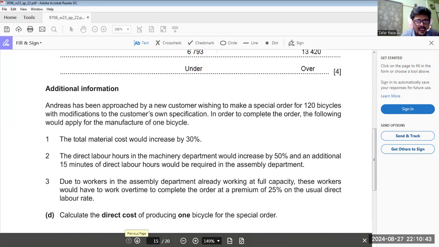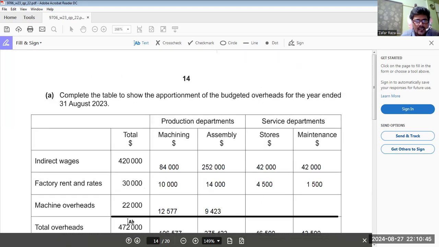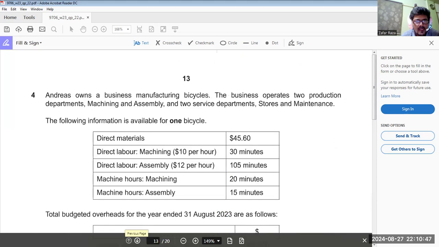So what is the material cost? 45.6 multiplied by 130% is $59.28.